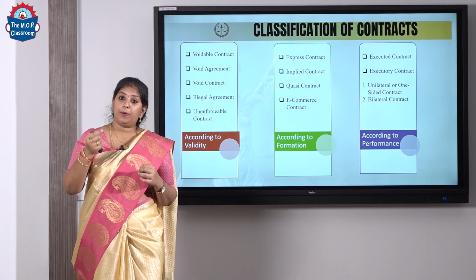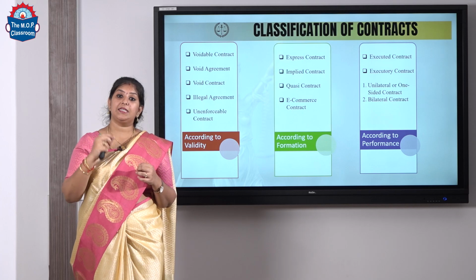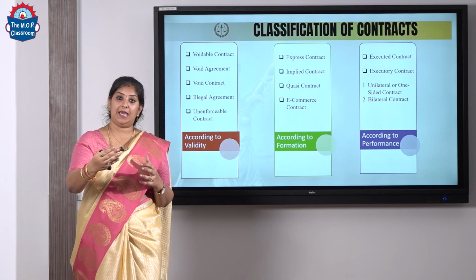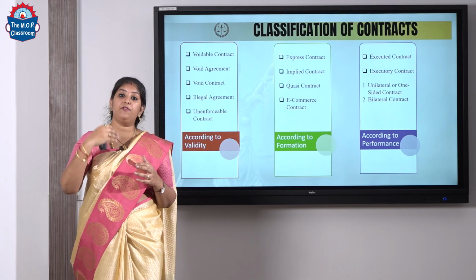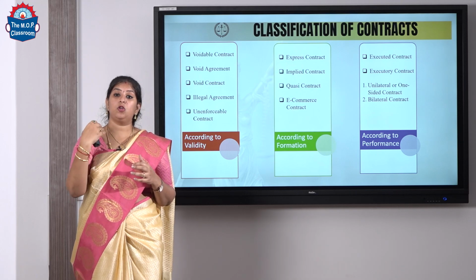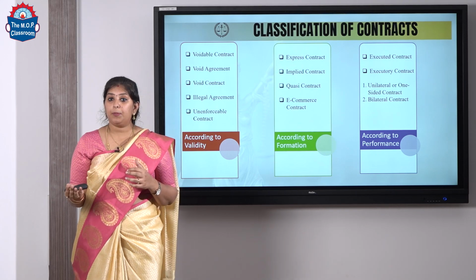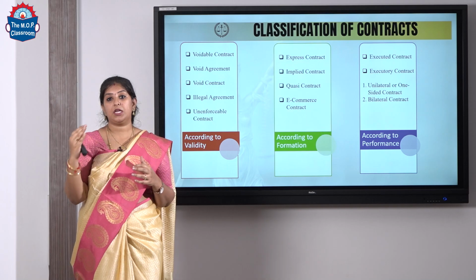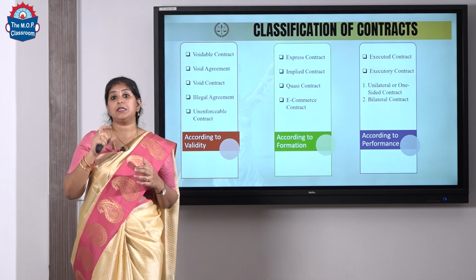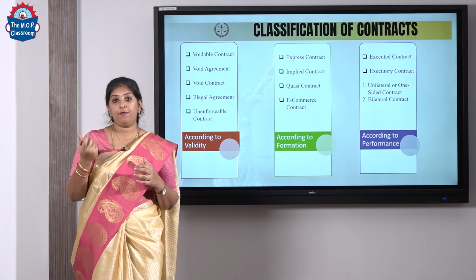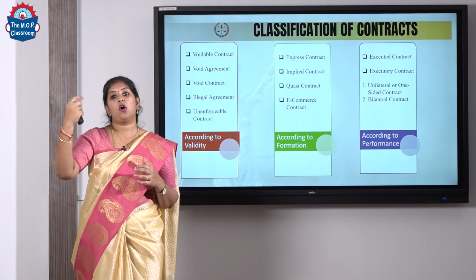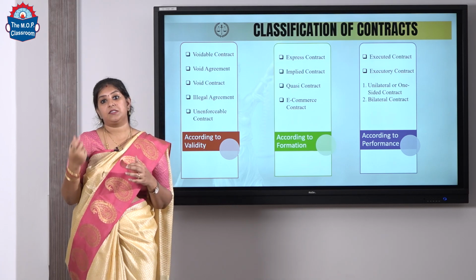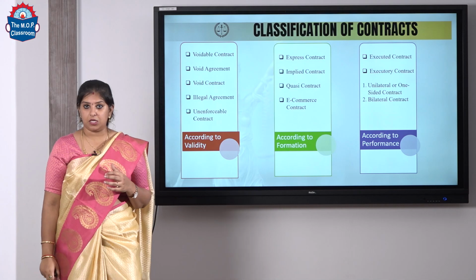For example, if a person has given his own goods to somebody else to keep in his house, but the other person treats those goods as his own, then in that case it will come under quasi-contract. That is, one person cannot take the benefit out of a contract at the cost of somebody else's expense. So that is the concept of quasi-contract.